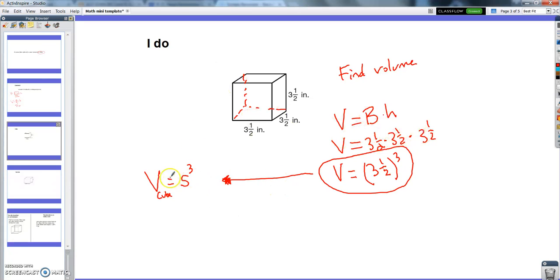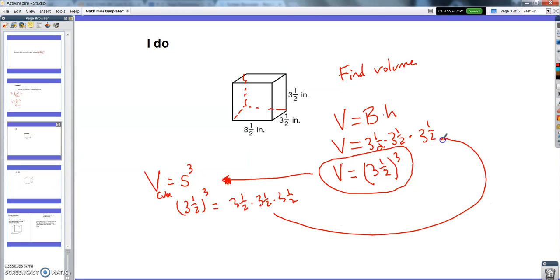For this one, I'm doing 3.5 to the third power, which is 3.5 times 3.5 times 3.5, exactly what I was going to do anyway. So this formula works out to be the same as this formula for a cube. It's just a shortcut, a slick formula that uses an exponent that you sometimes use instead.